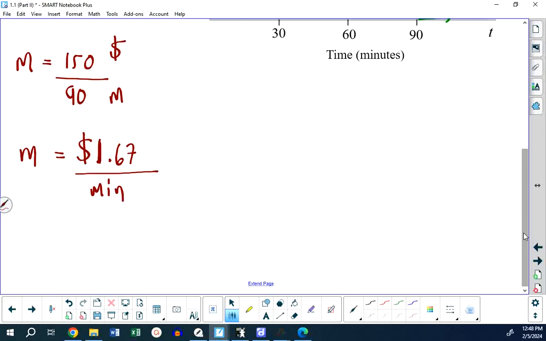And what it means is it's $1.67 per minute. If I'm the magician, once I get the show started, every minute that goes by, cha-ching, that's another $1.67 that's going to go into my pocket. So $1.67 for each minute.